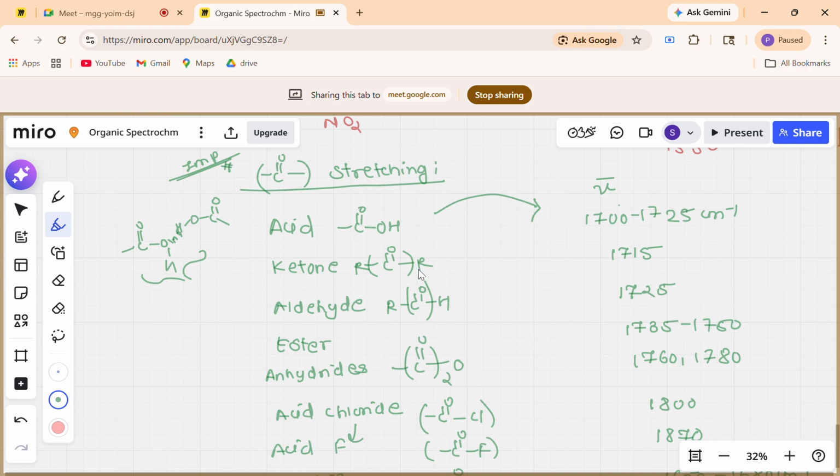In case of acid, why is the value less? Because of hydrogen bonding. Hydrogen bonding affects your bond strength, and that's why it affects your stretching frequency.